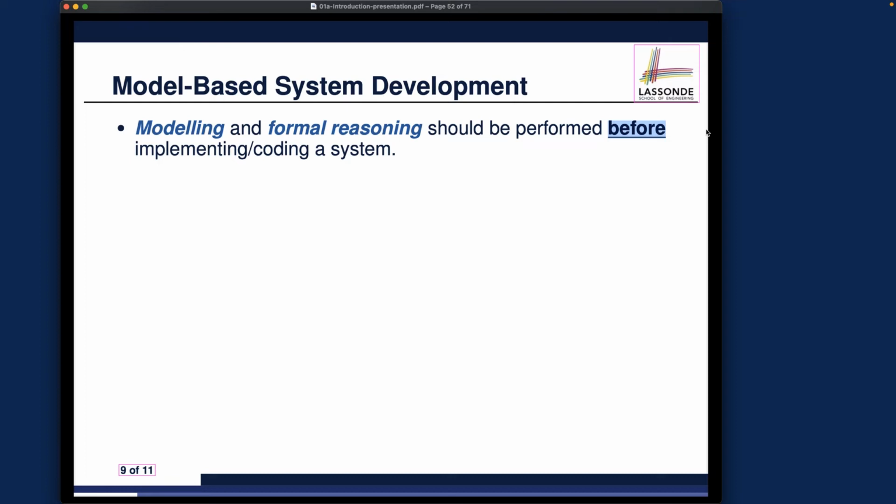Before you dive into building Java code, we're talking about a big system, right? If you're only building some very simple methods like what you did in 2030 or 1021, maybe you don't really need a model. But when you build even a medium size or large scale system, it will be much more cost effective if you build some model, some abstract descriptions, or a series of abstract descriptions, and do their proofs before you actually do the final implementation.